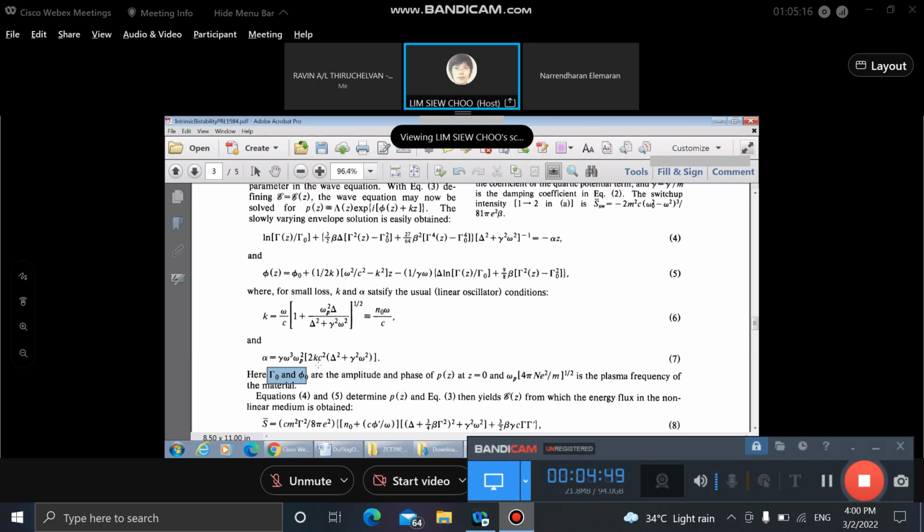There are gamma z and gamma naught. Gamma and phi, he doesn't change. Gamma is related to the amplitude of P. This phi is the phase of P. So the amplitude of P is this.